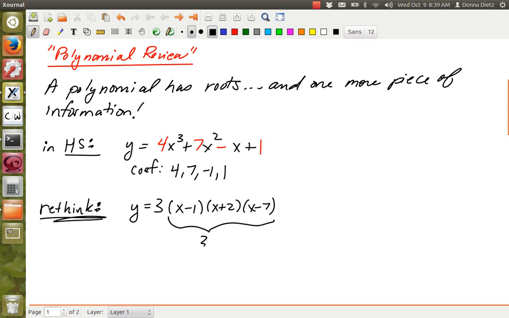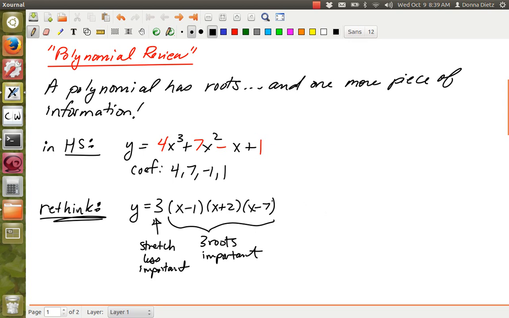Okay, so this has 3 roots, and these are important. They tell us everything we need to know about the behavior of the function, and this just stretches the function, which is less important as far as graphing, in the sense that you need that number to tell exactly how high the function goes.